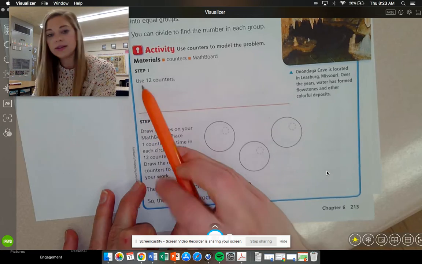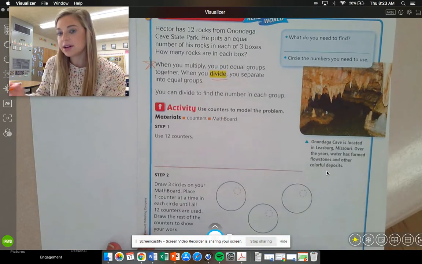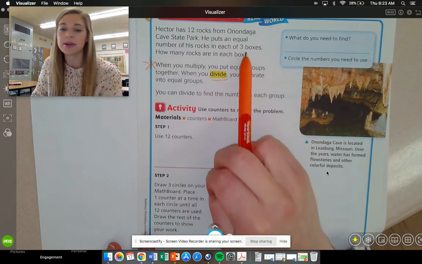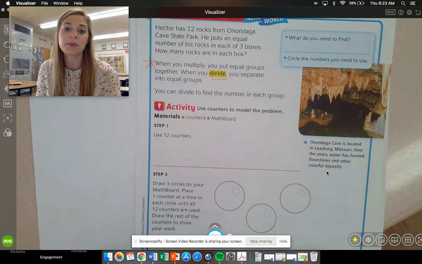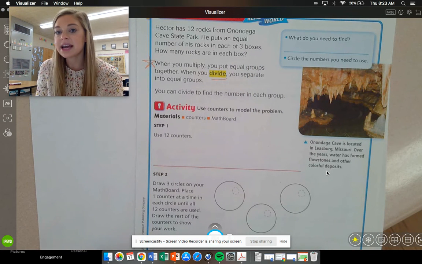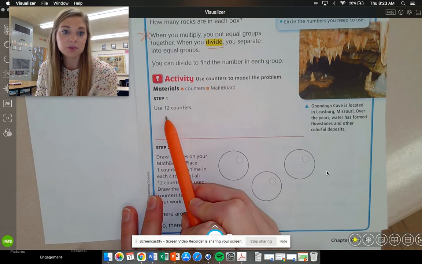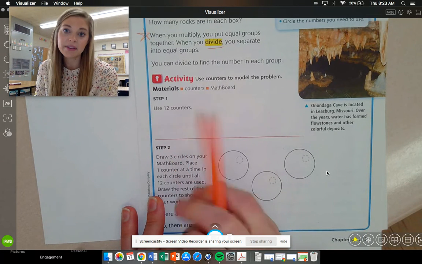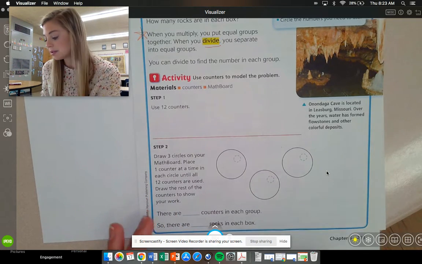So step 1, we're trying to figure out, he has 12 rocks and he puts them in 3 boxes. We want to put them in equal groups in 3 boxes. So we're going to see how many are in each box. So step 1 is to use 12 counters. Well, we don't have counters because we're not in class, so we're just going to use our pencil to draw little counters.